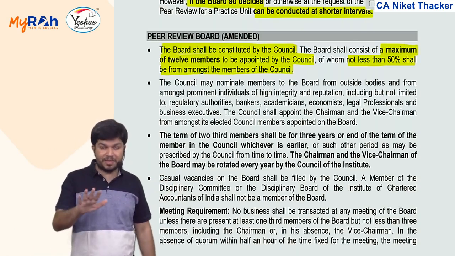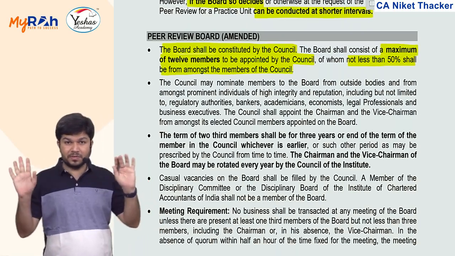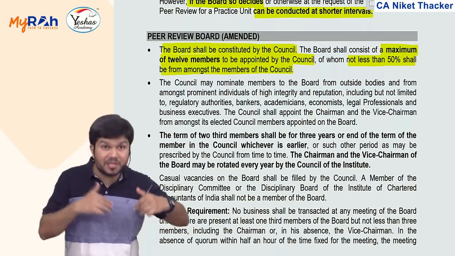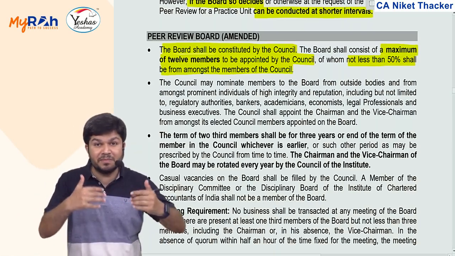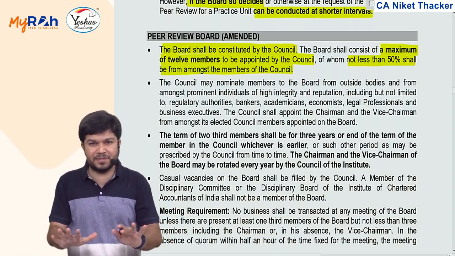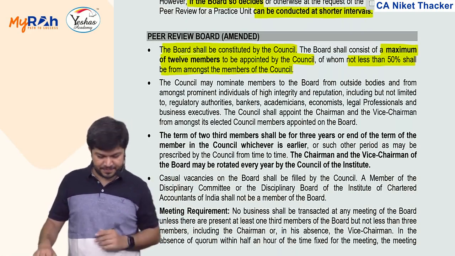It will have maximum 12 members. All are to be appointed by council. So central council will appoint all the members. Not less than 50% has to be the council members only. The council members will be the member of peer review board. Minimum 50% out of 12 has to be council members.